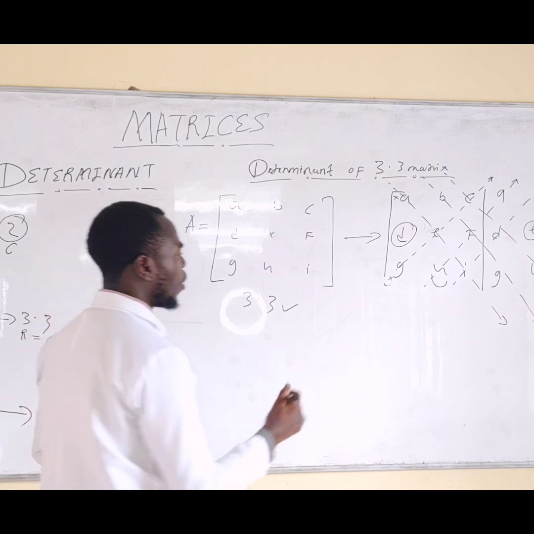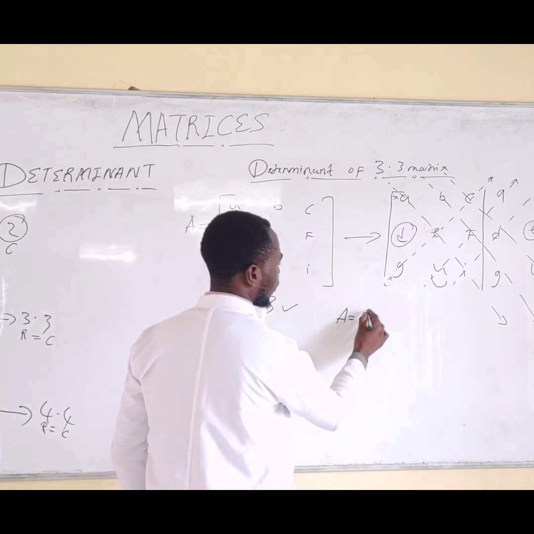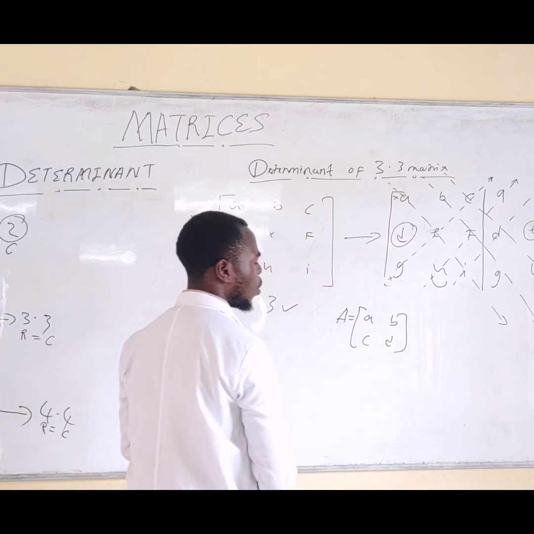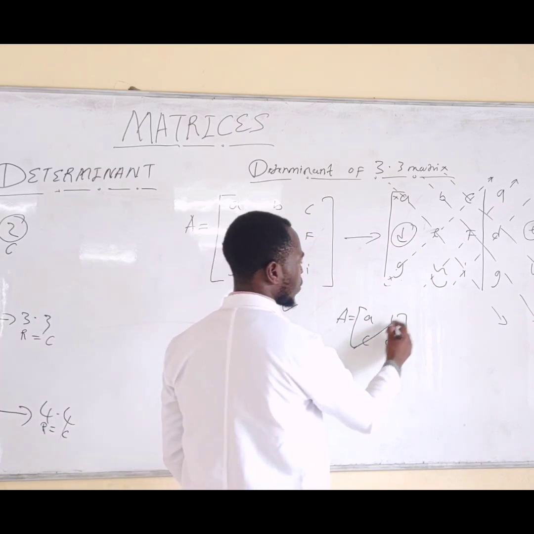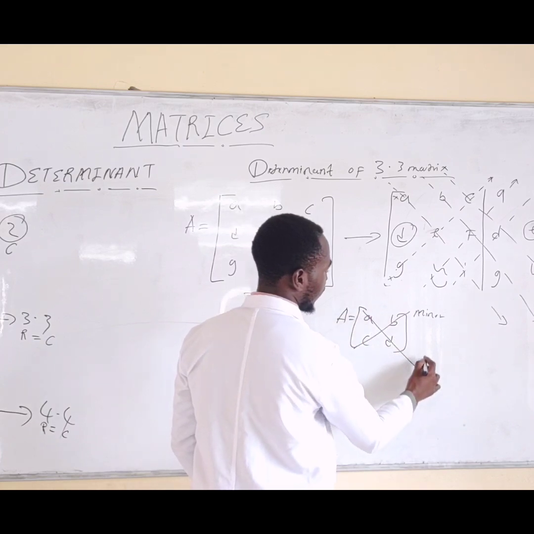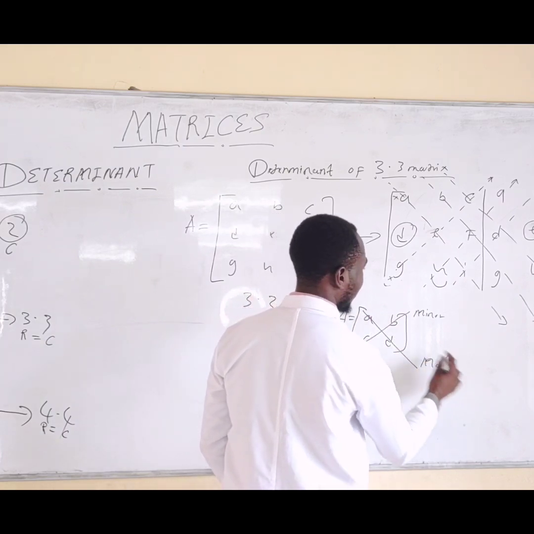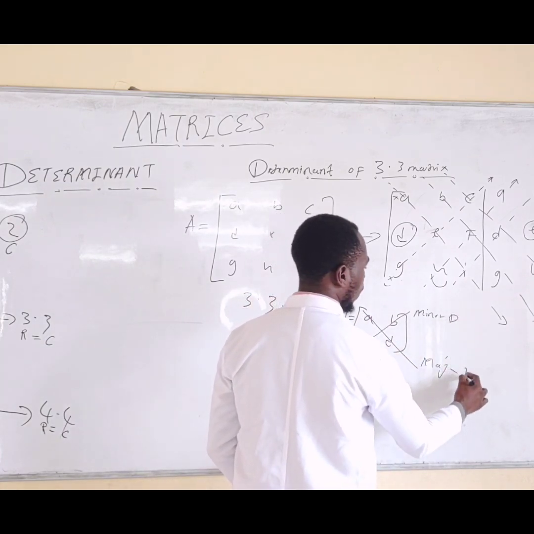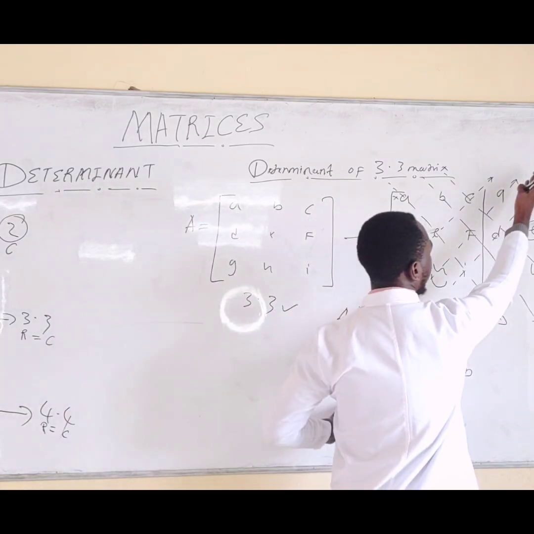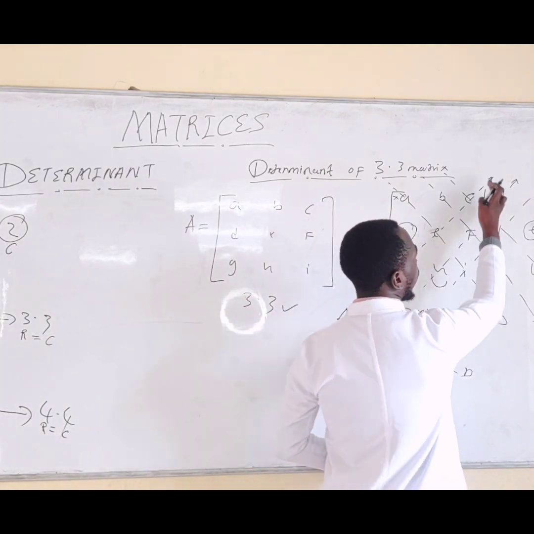matrix. Now, when you are given a 2x2 matrix, you are going to have something like this. What do we call this? This is your minor diagonal, and this is your major diagonal. Here are lines going like this: three diagonal lines, 1, 2, 3.